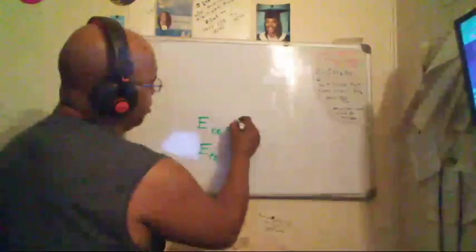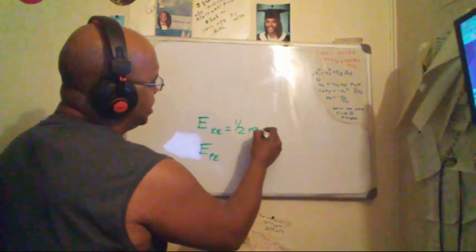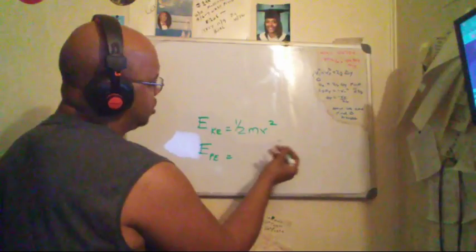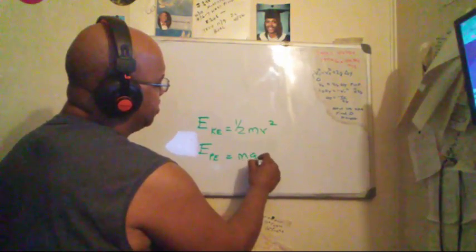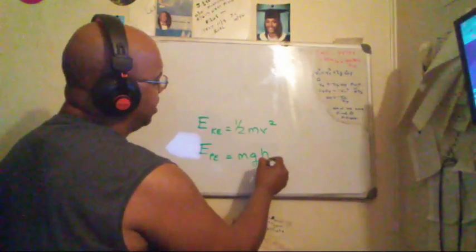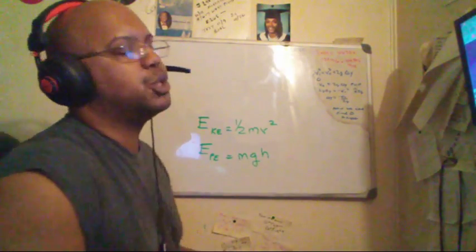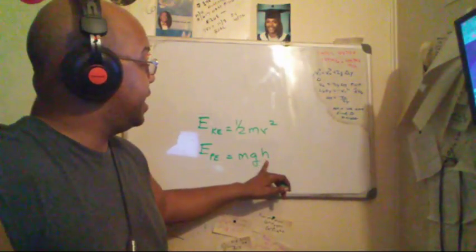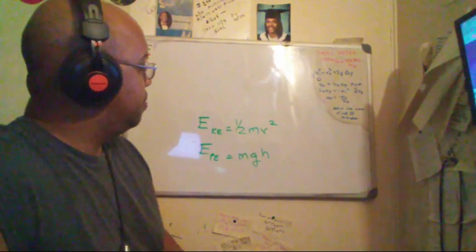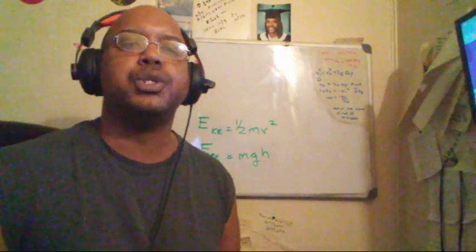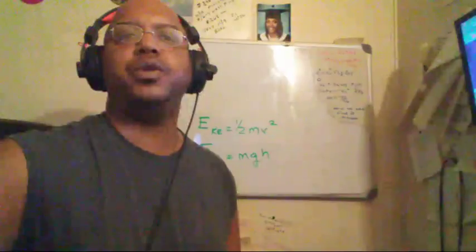Kinetic energy is 1/2 mass, in kilograms, times velocity squared. Potential energy is mass times gravitational pull times height. The mass is in kilograms, gravity is 9.8 meters per second squared, and height is in meters. Both of these answers work out in units that we call joules, which is a unit of work.